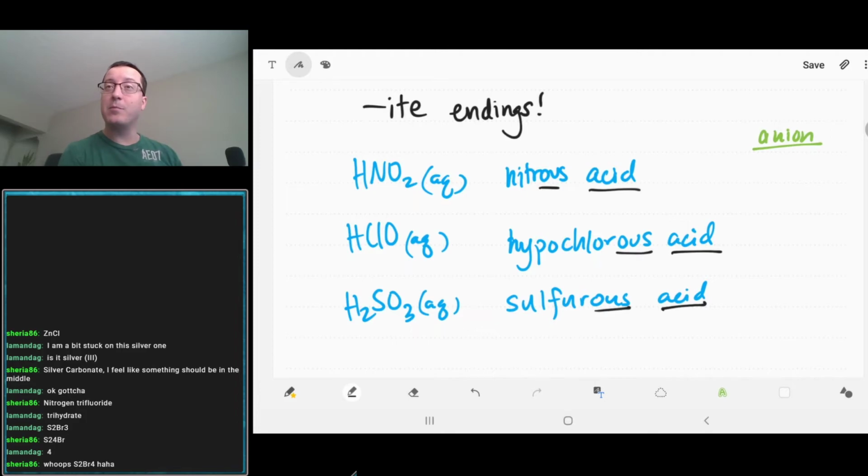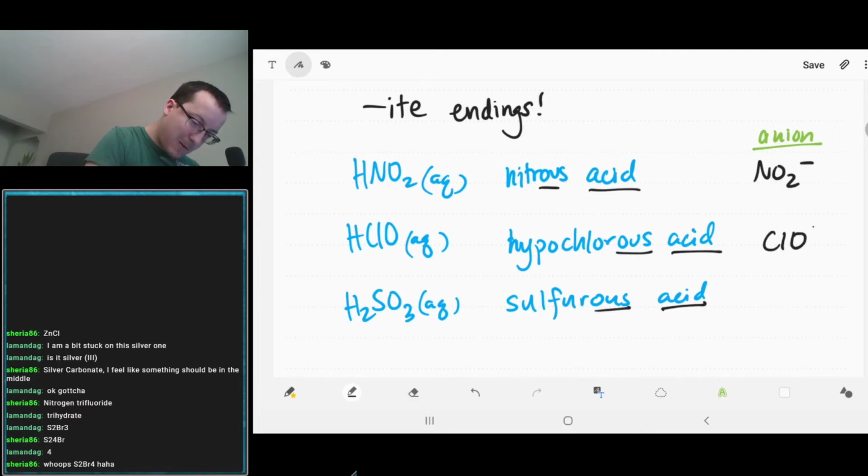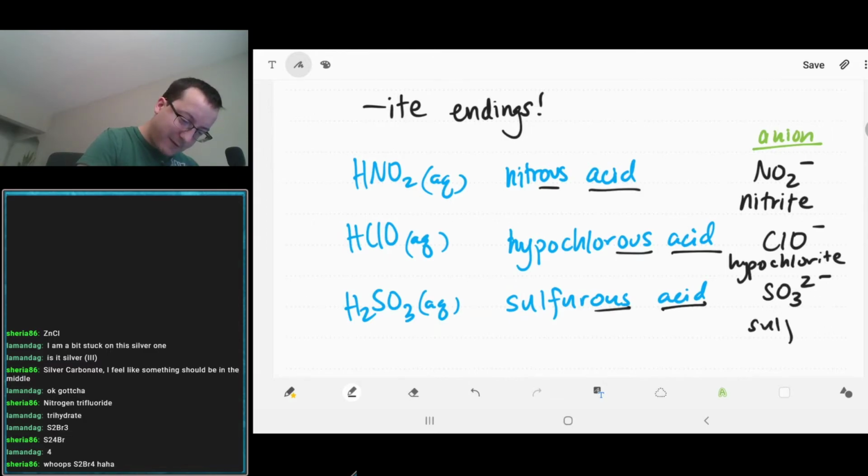And that's going to be the part that we're going to use if our anion ends with ite. And so this one is nitrite, hypochlorite, sulfite. So again, same thing. We're going to have this ite ending.